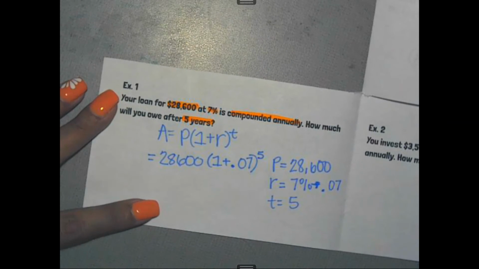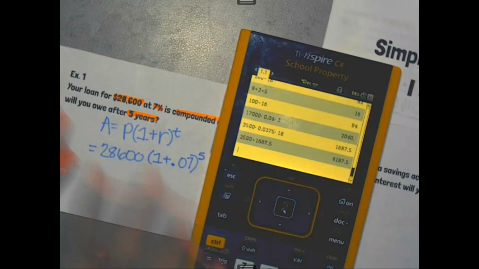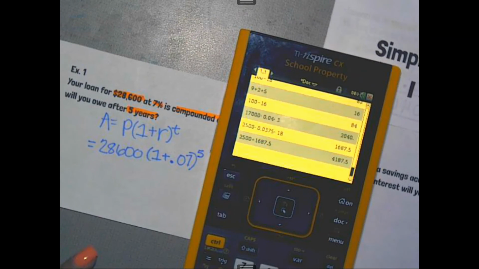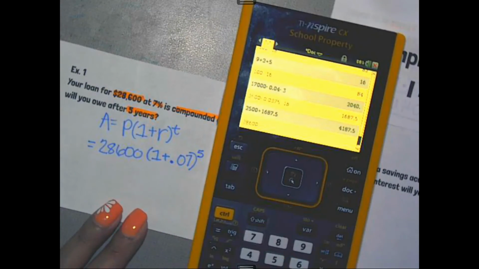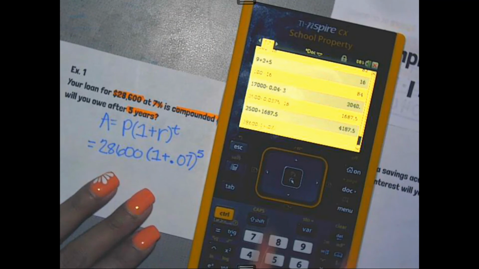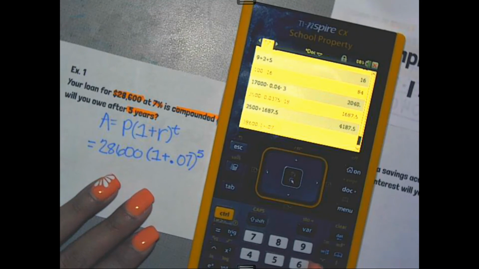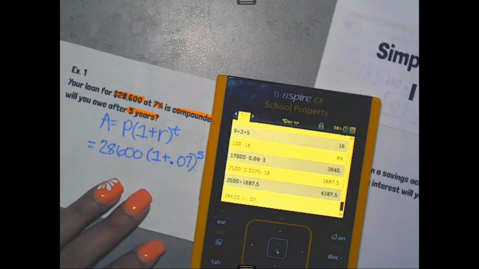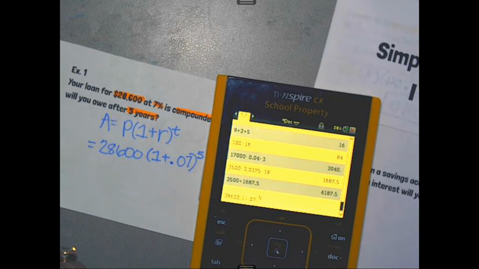And when I type this into the calculator, I want to type it in all at once, just like that. 28600 parentheses 1 plus 0.07. I'm going to go outside of the parentheses and remember to push this arrow up button. And that's how I'm going to get my 5 there as my exponent.